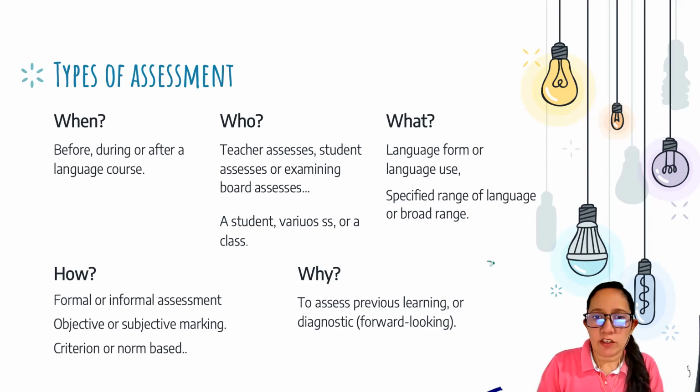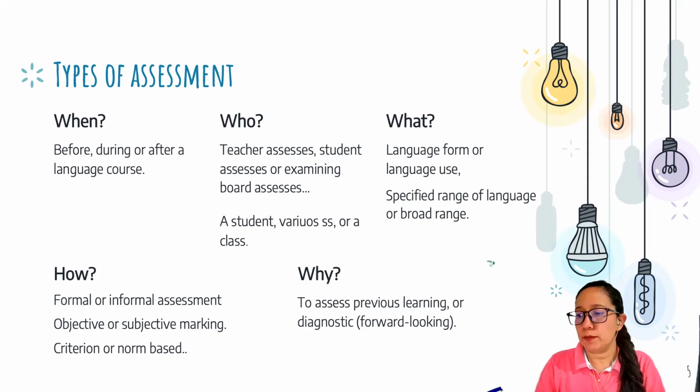What? Language form or language use. Specific range of language or broad range. How? Formal or informal assessment. Objective or subjective marking. Criterion or norm-based. And last but not least, why? To assess previous learning or diagnostic. This could be forward-looking.